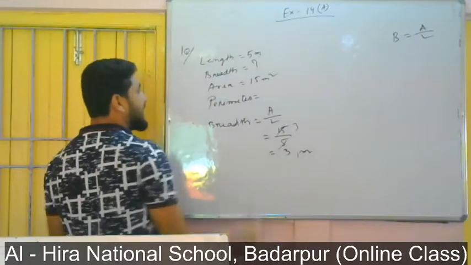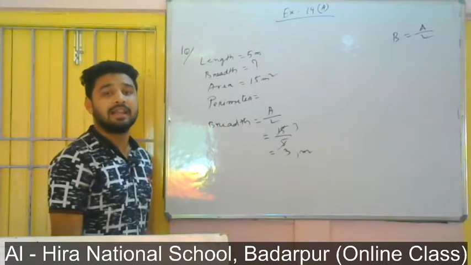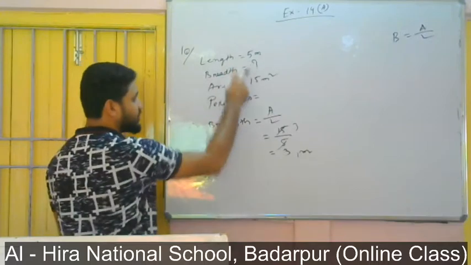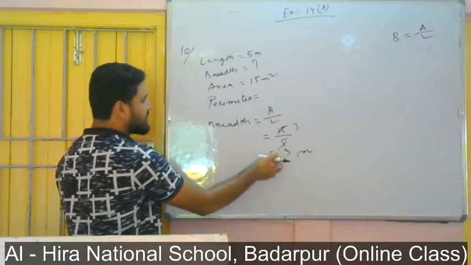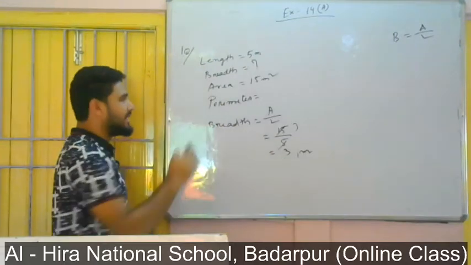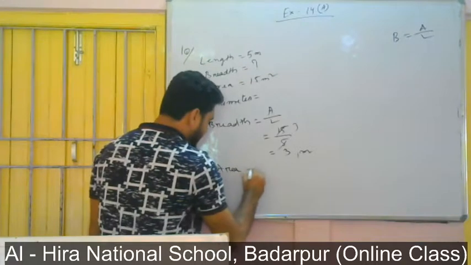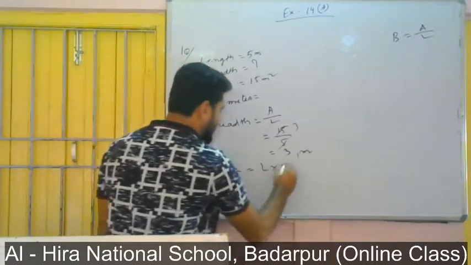Now we can find area, because we know the area of a rectangle equals length into breadth. We know length and breadth, we just found 3 meter. So write area equals to length into breadth b.